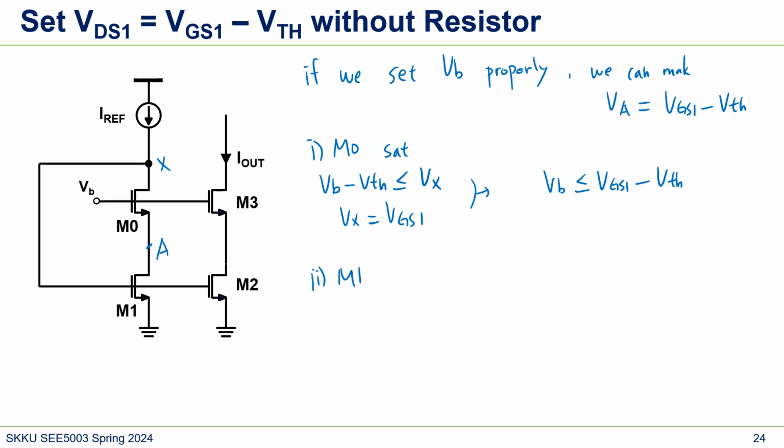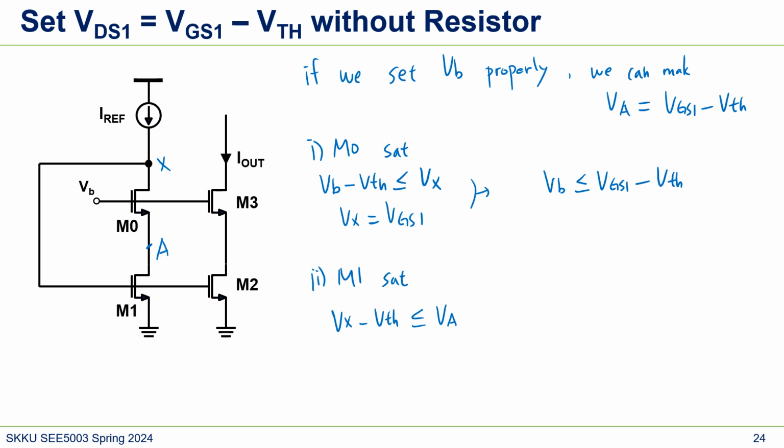And M1 should also be in the saturation region. For M1, VX minus VTH, because VX is here and this is VGS1, so VGS1 minus VTH should be smaller than VA.